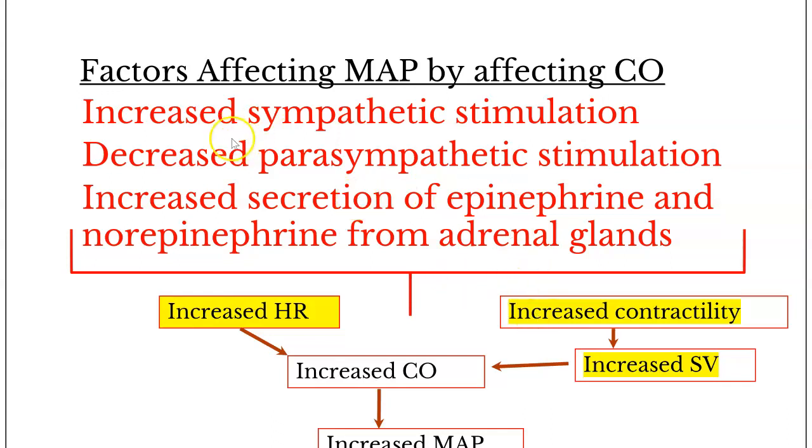Any one of these two events, increased sympathetic stimulation or increased epinephrine and norepinephrine, will increase the heart rate, will increase the contractility. Increasing the contractility increases stroke volume, which increases cardiac output. Increasing heart rate also increases cardiac output. Increasing cardiac output is going to increase mean arterial pressure.